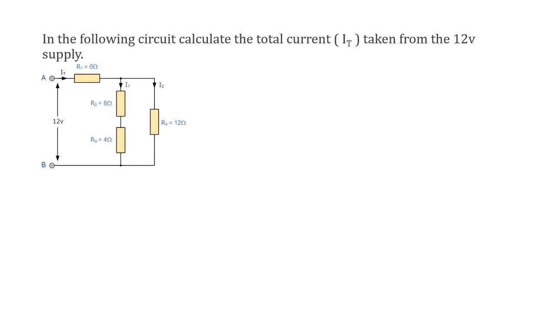So here I am going to simplify more. Here R1, then here, so here you can see this. Here R4 is connected in parallel with R2 and R3, but R2 and R3 are in series form.